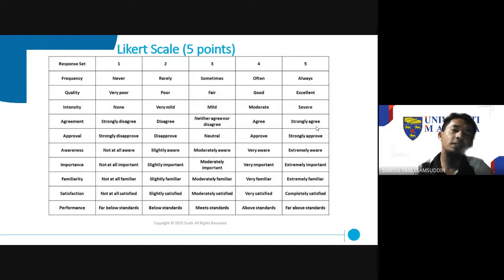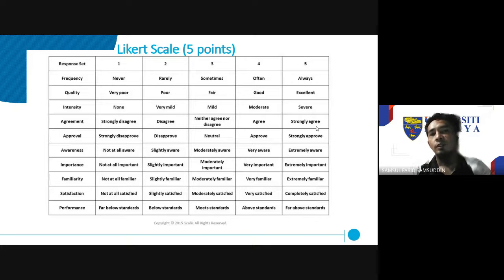But depends on your previous literature, what they said on 5-point Likert scale. But if you have to have evidence or support, please cite previous literature.